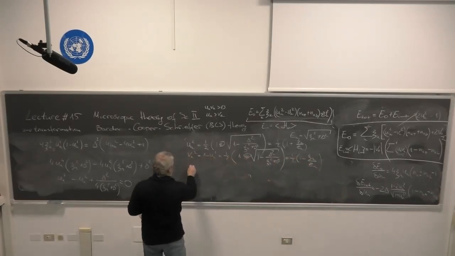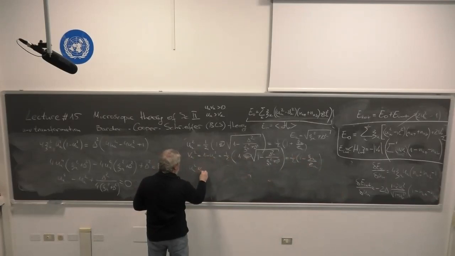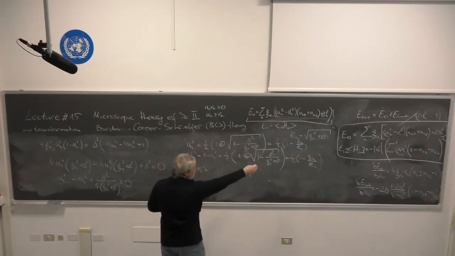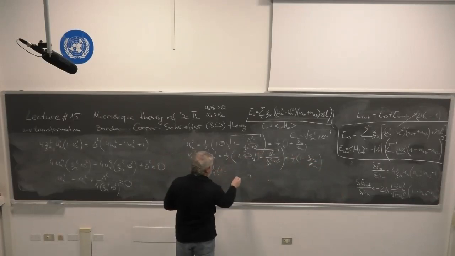So I didn't come into contradiction with any of my initial assumptions. Then uk squared times vk squared is equal to the product, 1/4 (1 minus psi k squared divided by Ek squared).